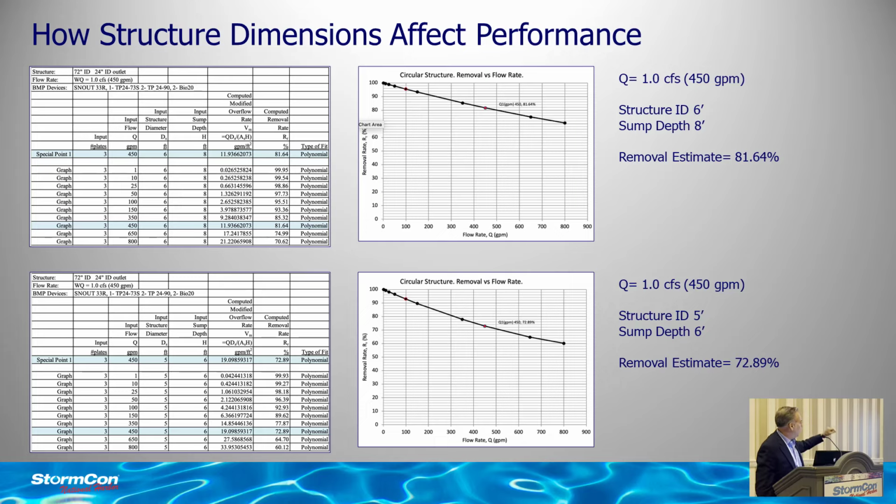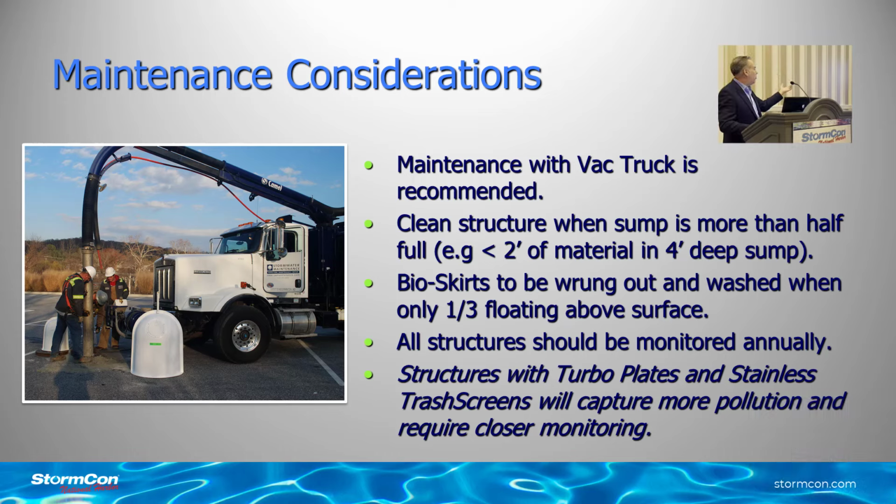Now, if we reduce that structure size to a 5-foot diameter structure with a 6-foot sump depth, then that removal rate goes down to 72.89% for the given pipe size, and we're keeping all the internal components the same. At any rate, that just shows you how those relationships work.